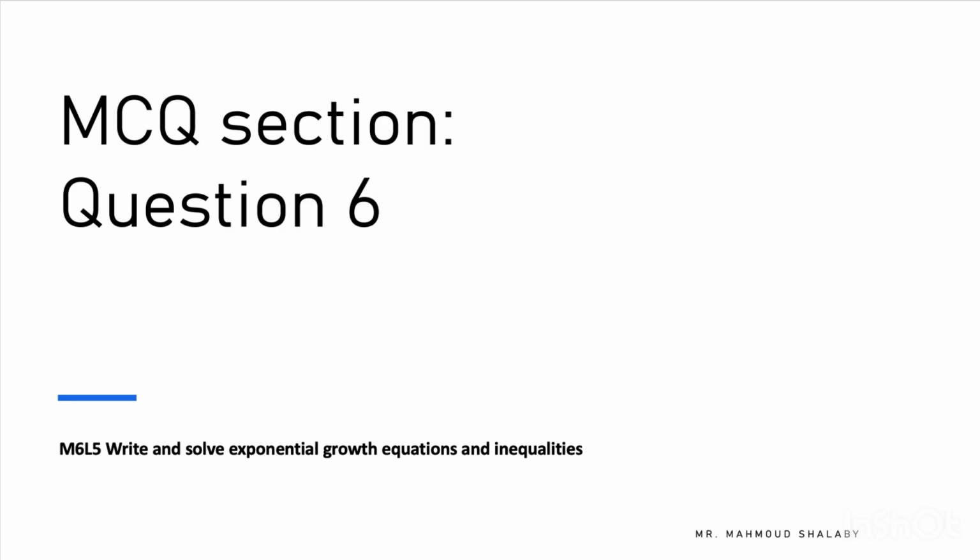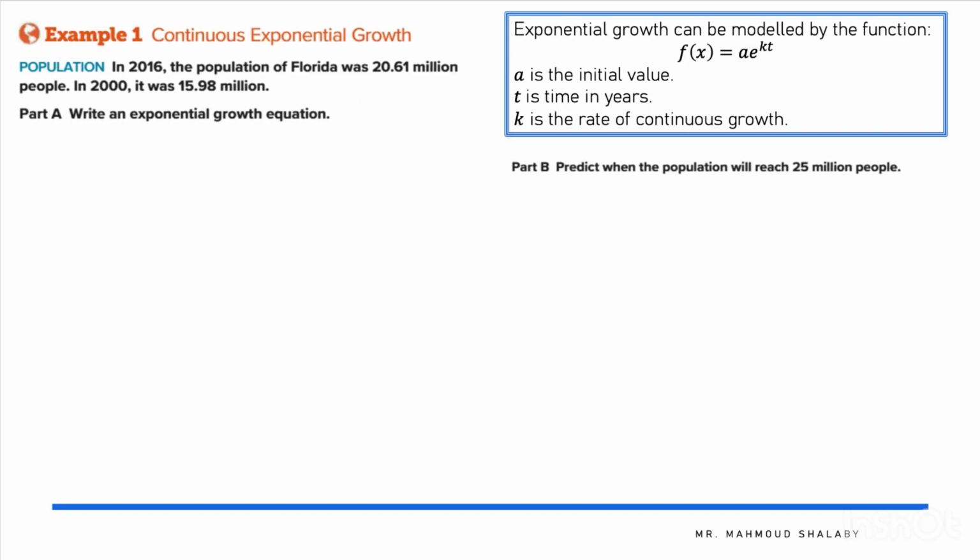Question 6, which is from Module 6, Lesson 5, Write and solve exponential growth equations and inequalities. As you can see here, this is the first question, example 1, continuous exponential growth. Before we start, I would like to remind you of the rule that we will be using in this section.